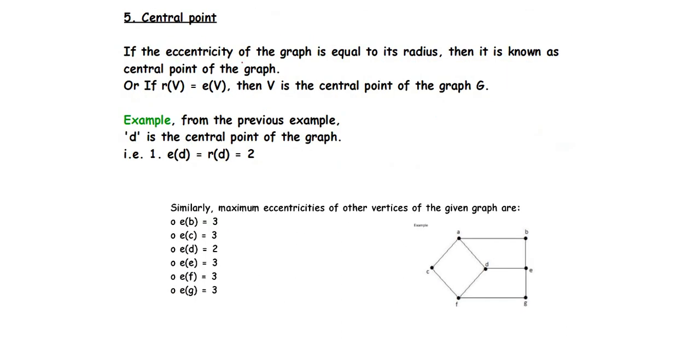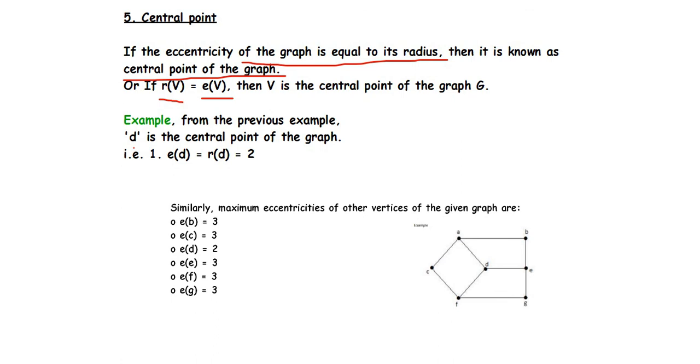So next is your center point. If the eccentricity of a vertex is equal to the radius, that is, if r of v is equal to eccentricity of v, then v is known as a central point of the graph.